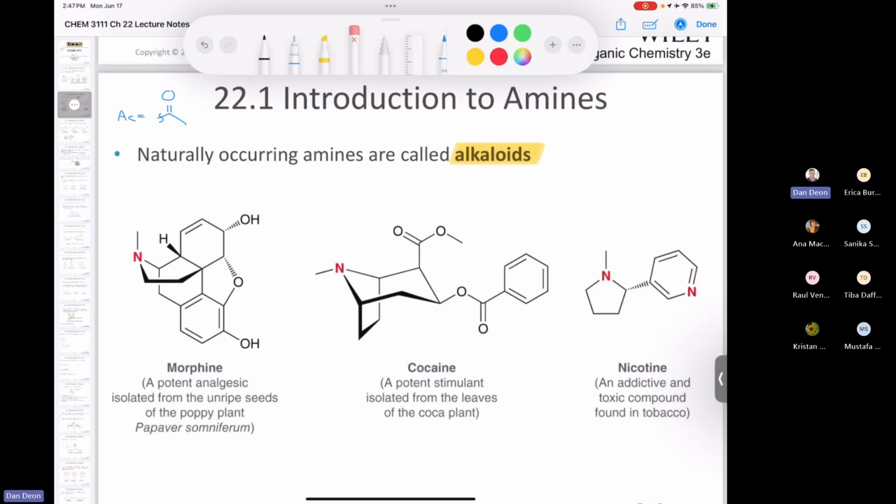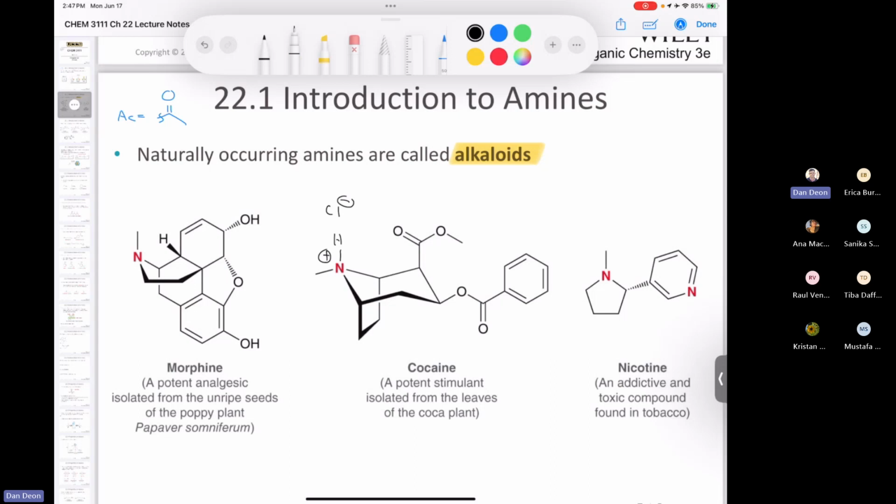Also cocaine. You've all heard of cocaine before. You've all seen enough TV and movies to know what cocaine is. Well, this structure here is actually the free base of cocaine. Cocaine is actually the hydrochloride salt. So cocaine has this nitrogen protonated to make a cation, and then it's a hydrochloride salt.